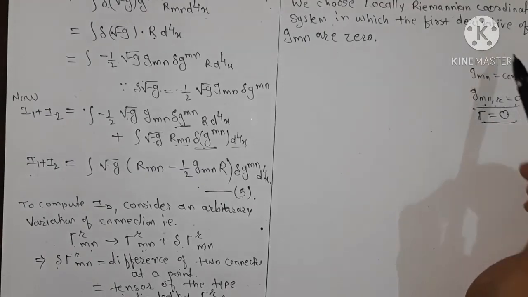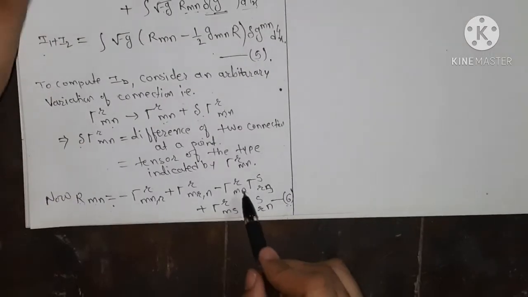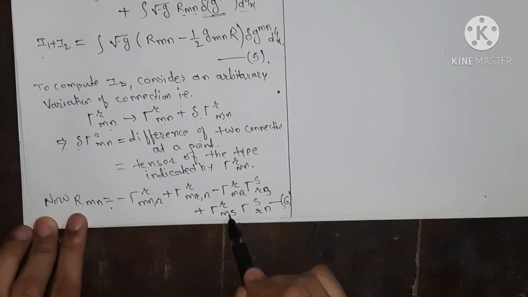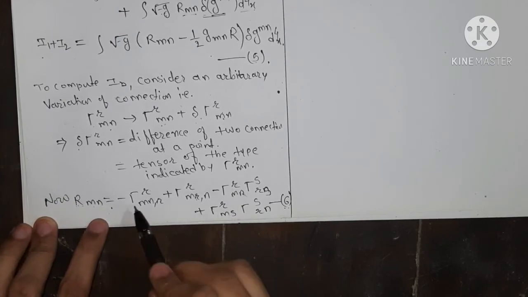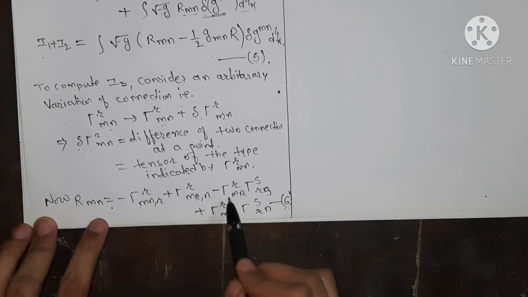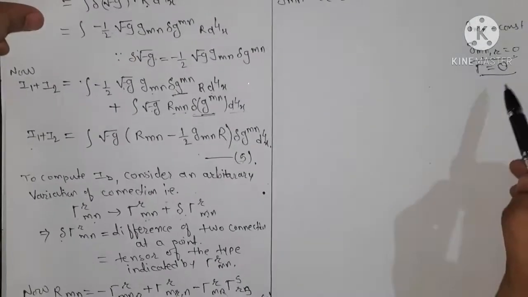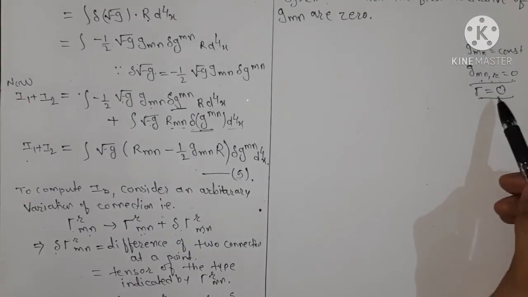Therefore in the Ricci tensor the third and fourth terms are going to be 0, and only the first and second terms are present, because here we only state that the gamma is 0 but not about the derivative of that.